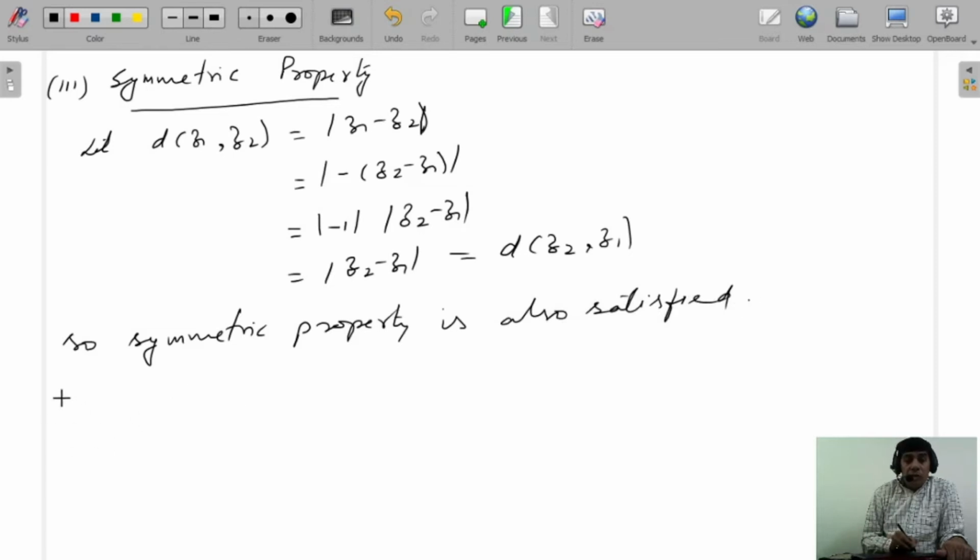Now, the fourth, triangular inequality property.